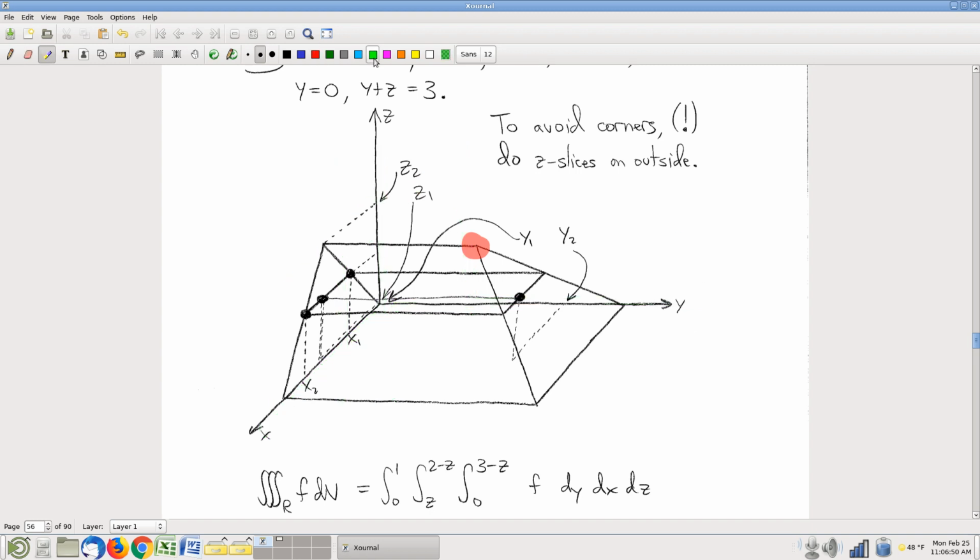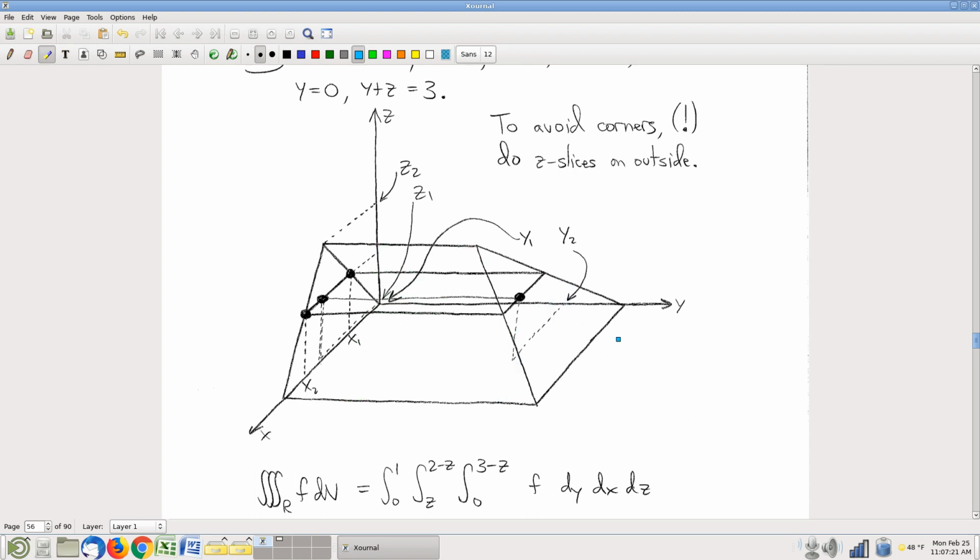For one thing, the Y slices look like this on the left side of that corner, and then they look totally different on the right side of that corner. So again, you're going to have two separate integrals, on each side of which your answers are qualitatively different. So let's not do that either.